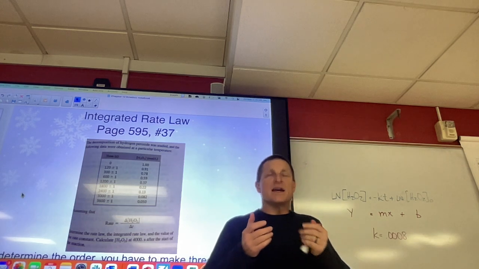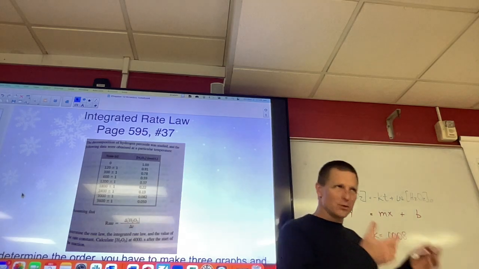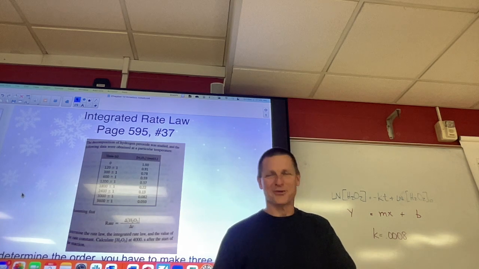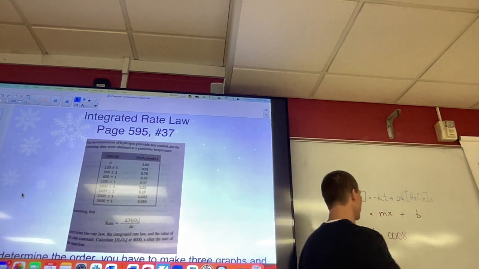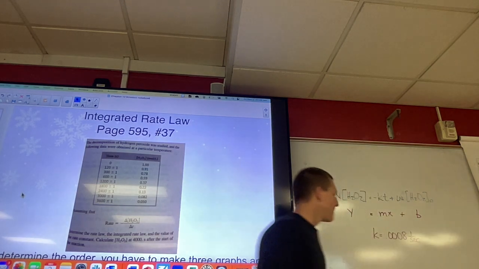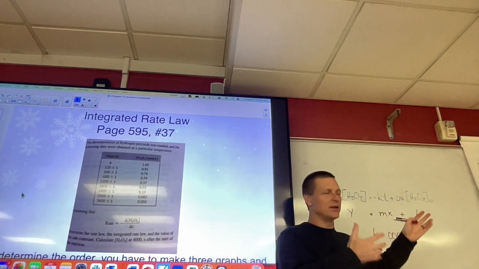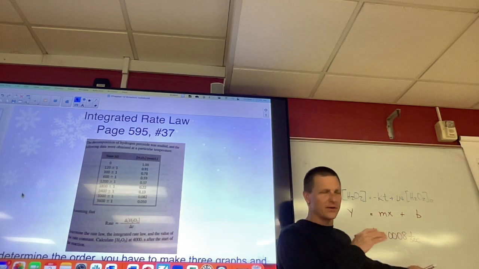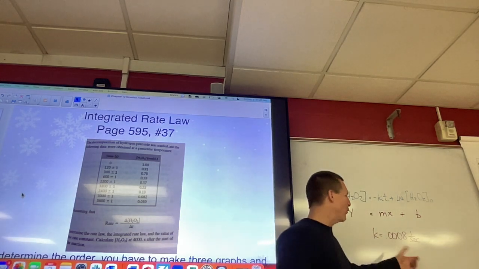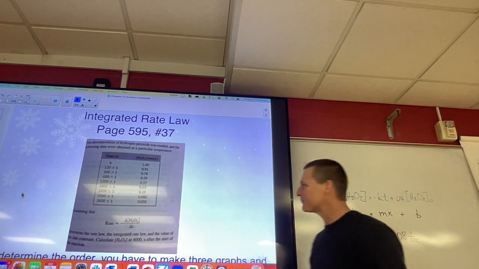But k has a unit, and it depends on what the order is. k's unit in zero order is one thing, in first order it's different, and in second order it's different. It turns out this one is first order, so k has the unit 1/s when it's first order. But I just put that there because I hate looking at numbers that should have a unit not having a unit. So that really is for my edification. You just need to know, we will worry about the unit on k when we get a little bit farther.